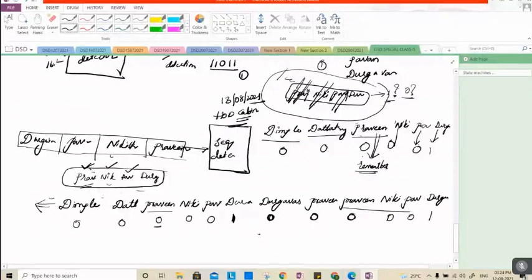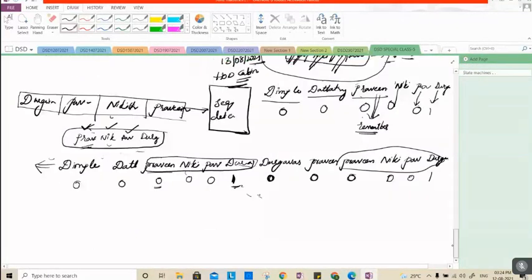So this is one particular sequence which has been identified, and this is another sequence that has been identified. Ikkada 1 undi kabatti. So this is the sequence that has been identified. Two sequences are there here. Is this clear for you?